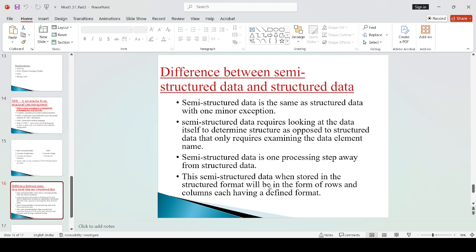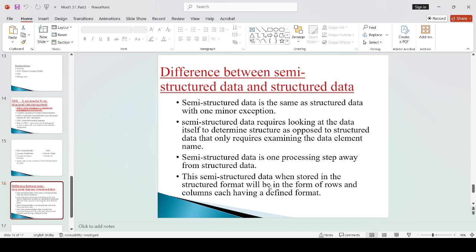Another important point is that semi-structured data can often be transformed into structured data after processing. For example, XML or JSON data can be imported into a relational database where it is stored in rows and columns for analysis. This flexibility makes semi-structured data widely used in web applications, cloud computing, and data integration.